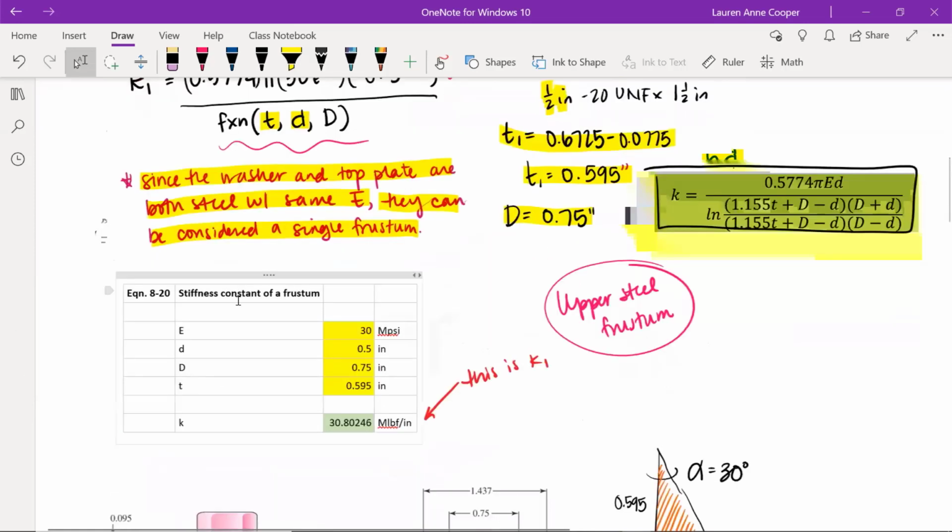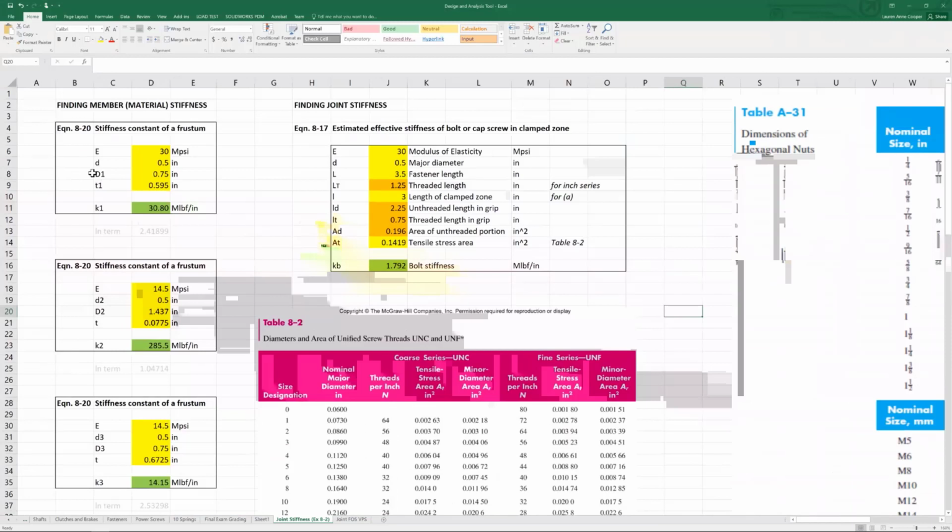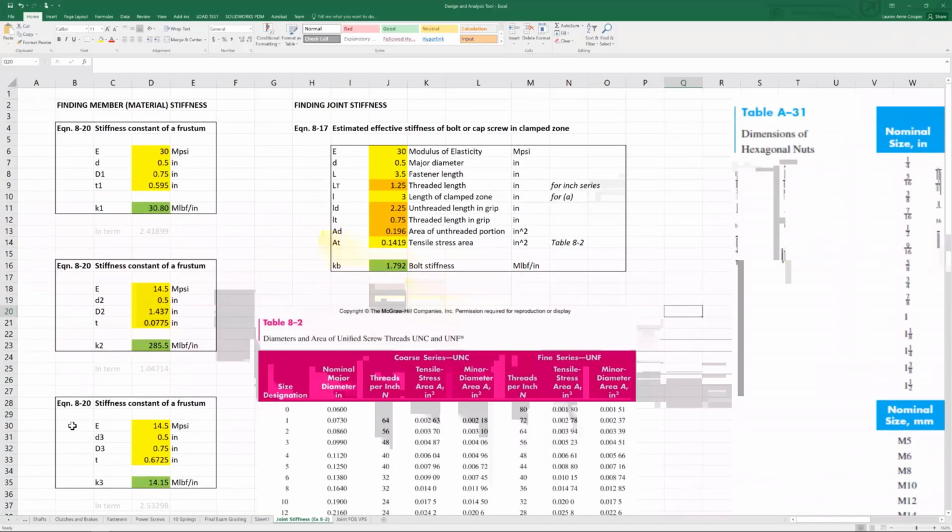So this is my output from the analysis tool. K is 30.8 megapound force per inch. So this would be for the upper steel frustum. Just to show you how that's positioned in my analysis tool, same thing here, I just started out on the left, finding member material stiffness, and then I have equation 8-20 repeated three times.